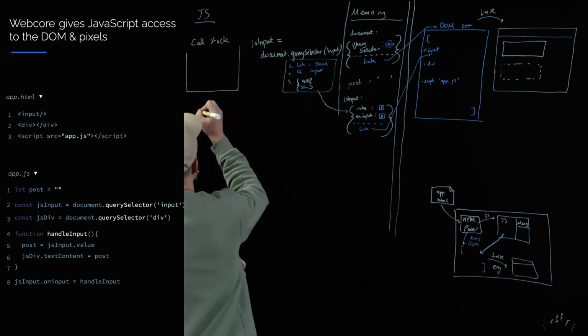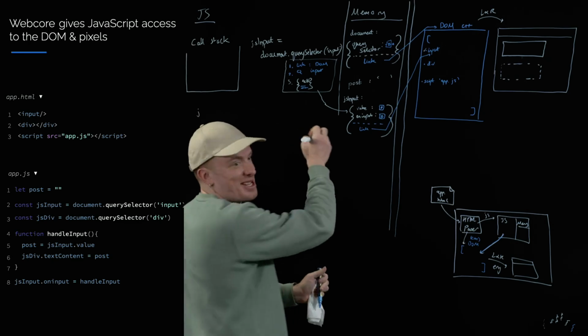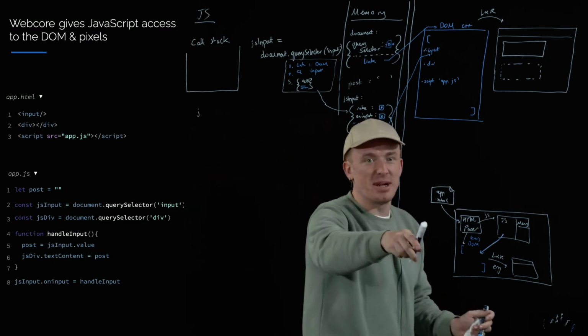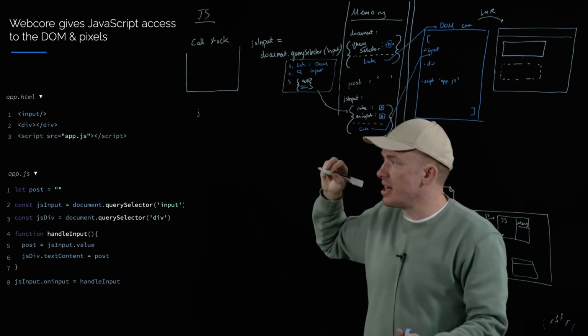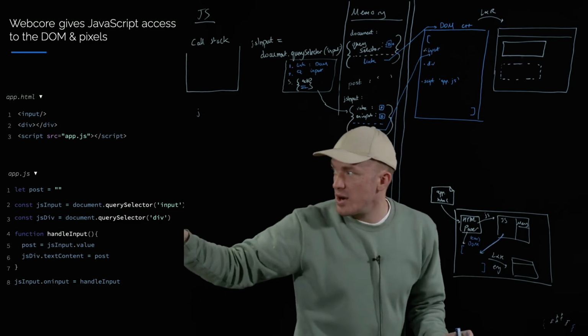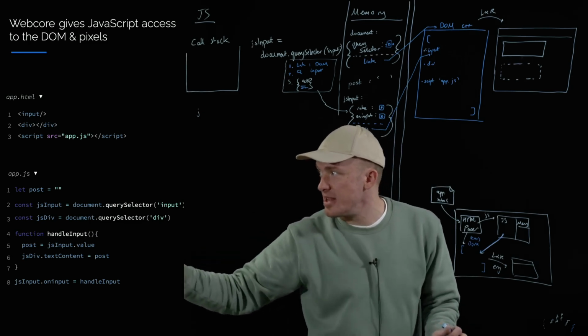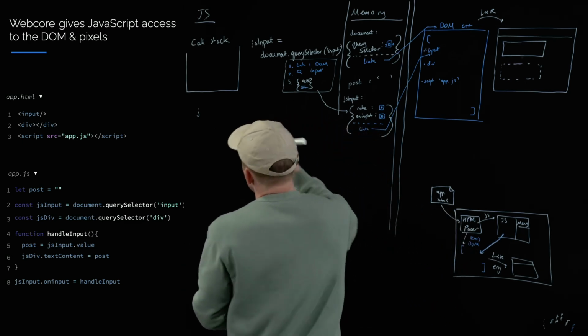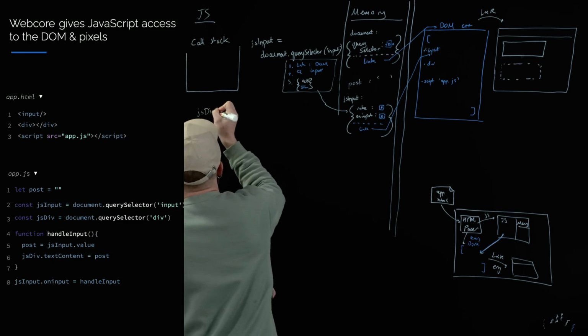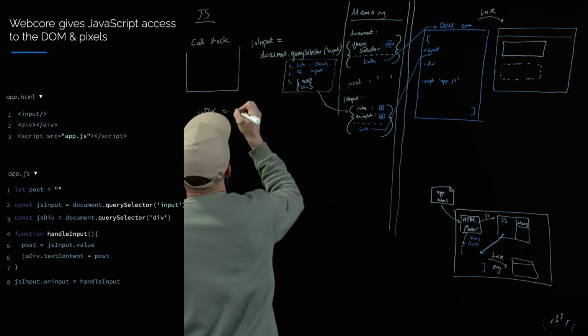Let's do another one. So, well done, Paul. Ian's already done an amazing job. So, John, you're up. Left-hand side of our assignment there is declaring what constant? JS div. And what are we going to assign it, John?